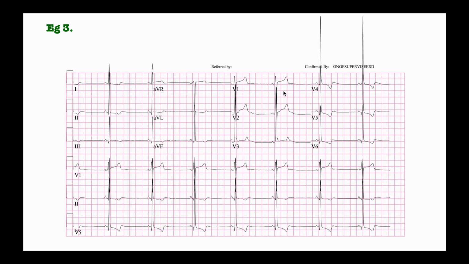How much are we getting? 5, 10, 15, 20, 25, I think 30. So let's see, how much did we get? R wave in V6 we got 30 millimeters, and S wave in V1 we got 30 millimeters. So we are getting 60 millimeters, which is more than 35 millimeters, and so we see left ventricular hypertrophy is present in this condition.